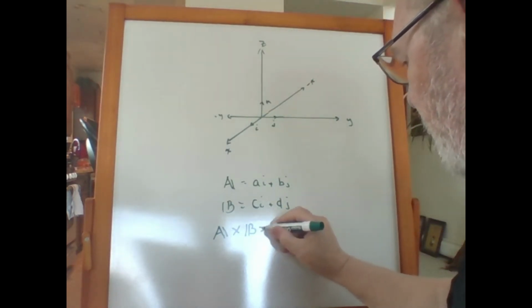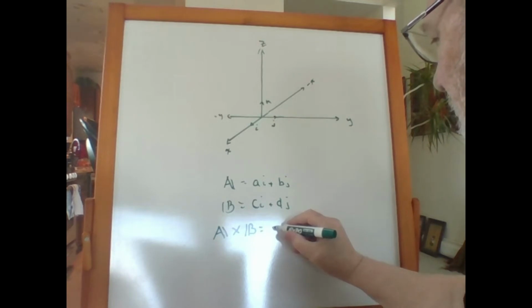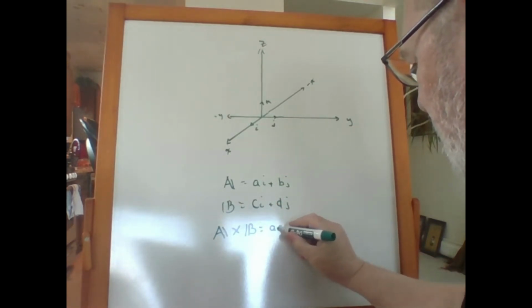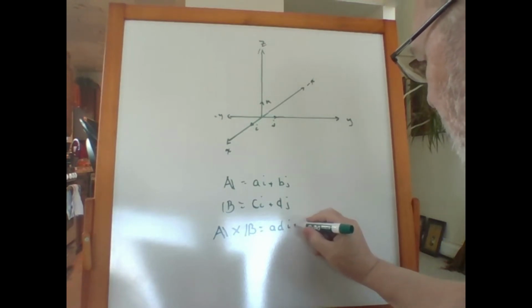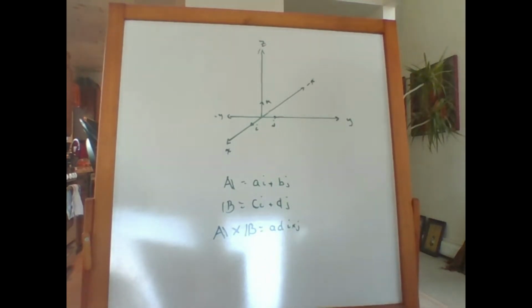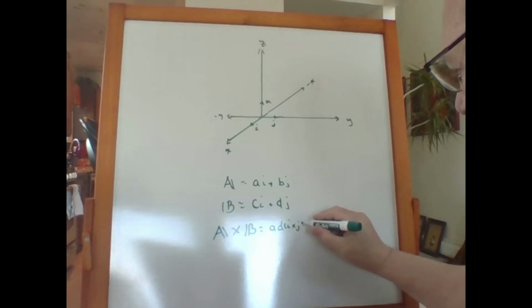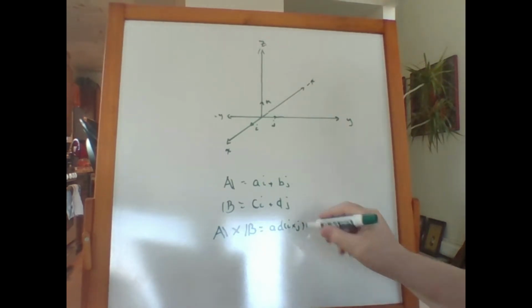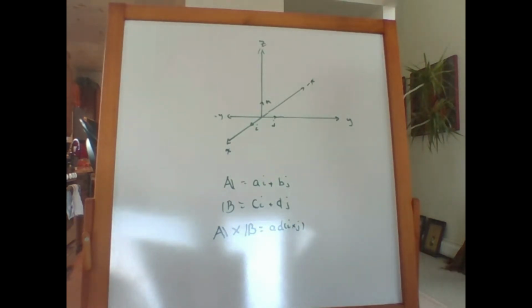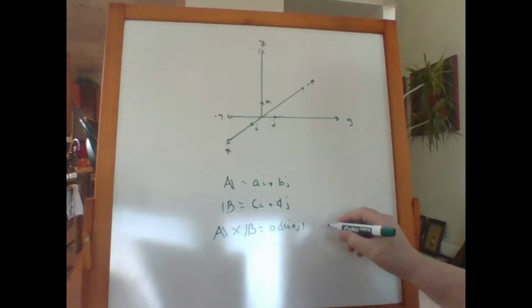So we have ad, i cross j, and we have to remember one thing: the order of the cross product is important, and we'll look at it in a second.